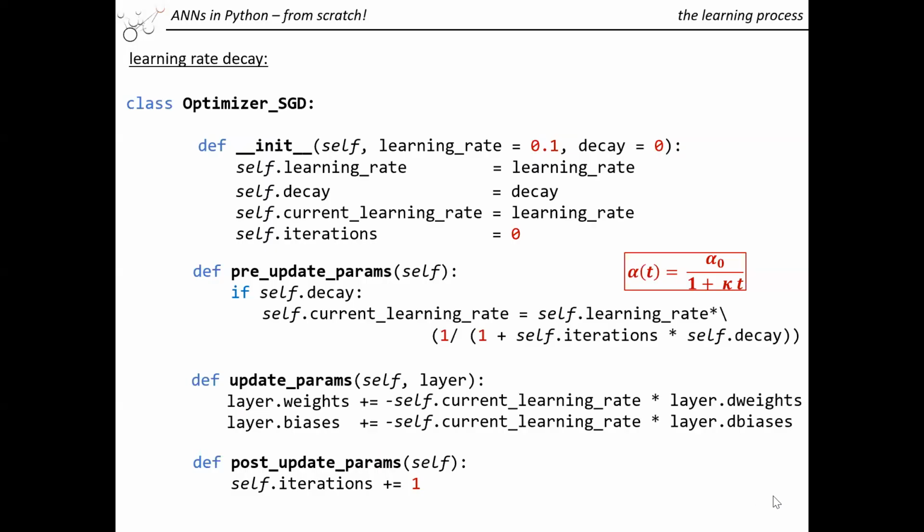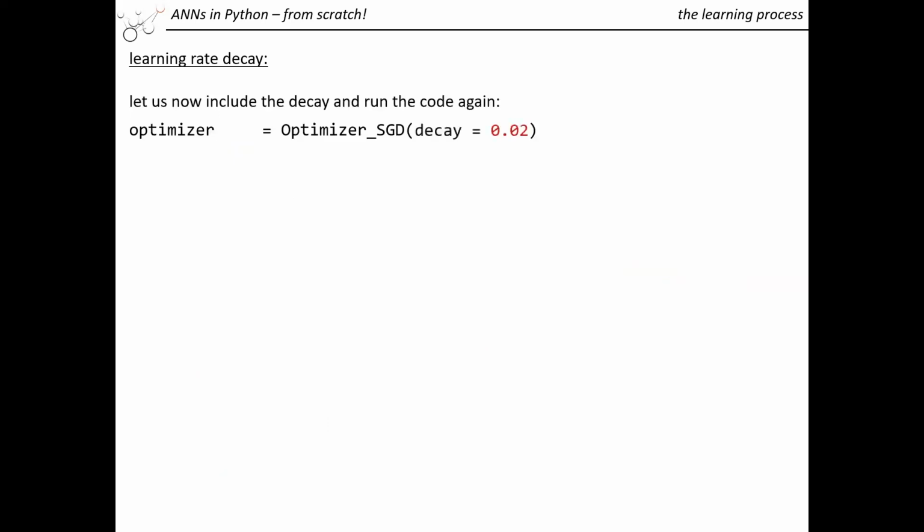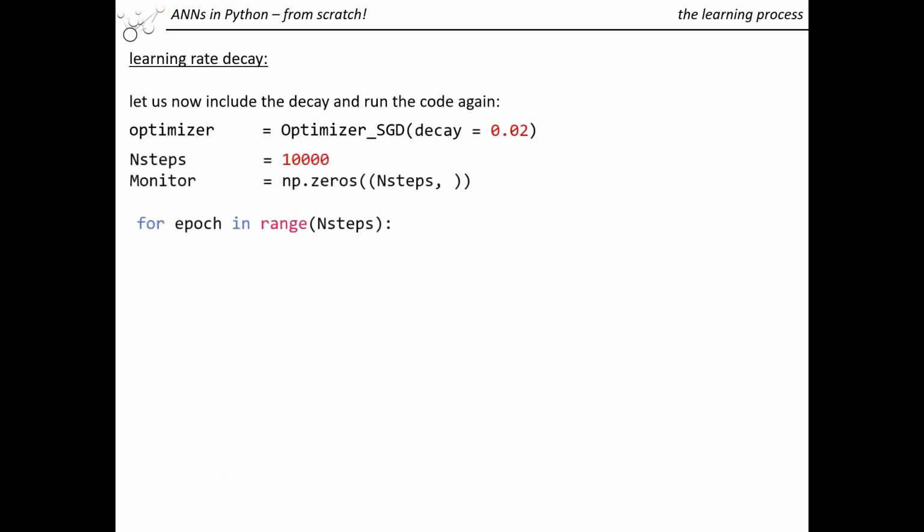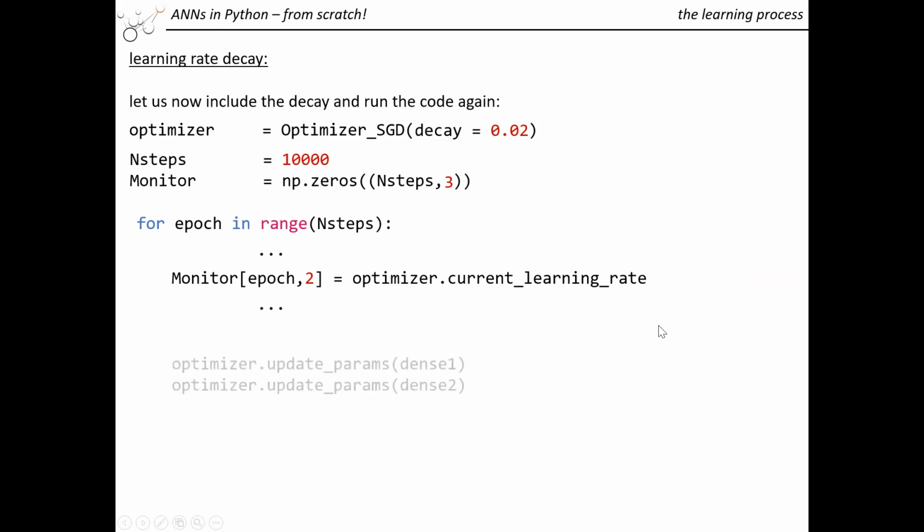So I just want to summarize what we added to our code. We have our optimizer. We added the learning rate decay. We just added this to our optimizer. We went back to our code and added one more column in the monitor. We essentially left the code as it was, but we just added the current learning rate to our monitor.